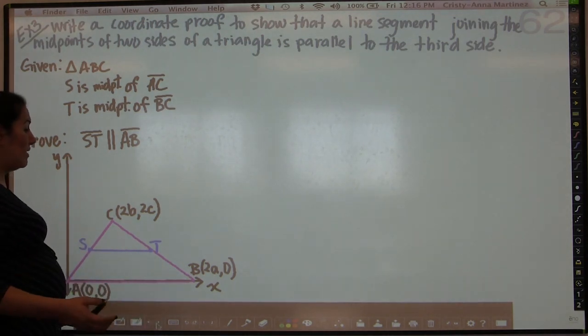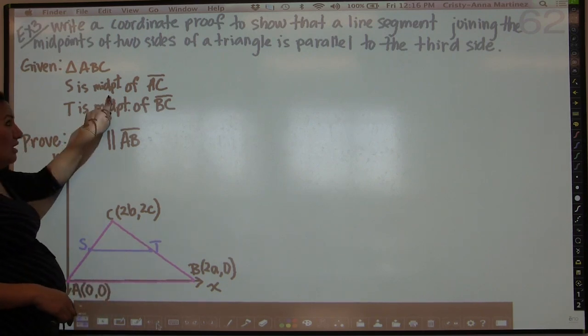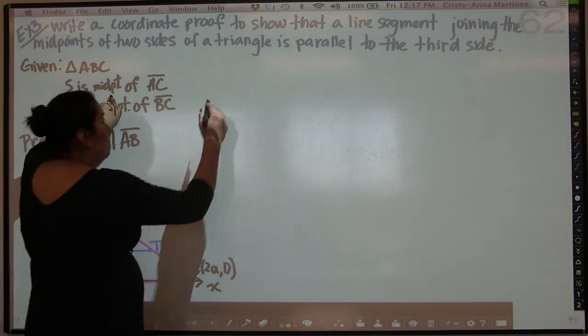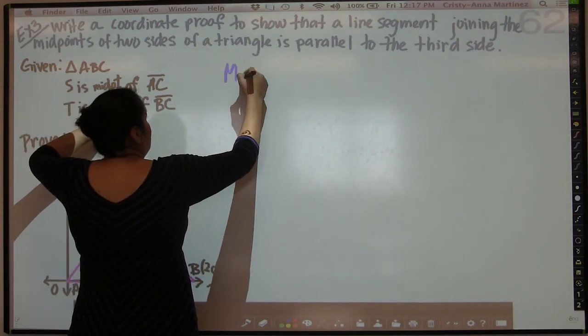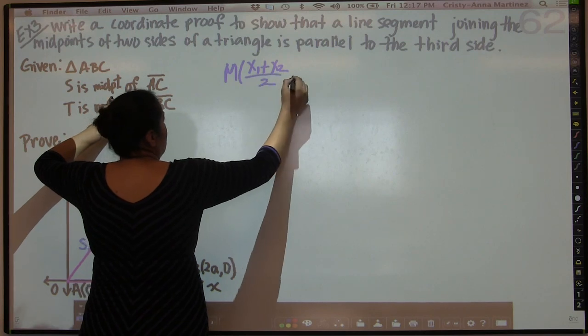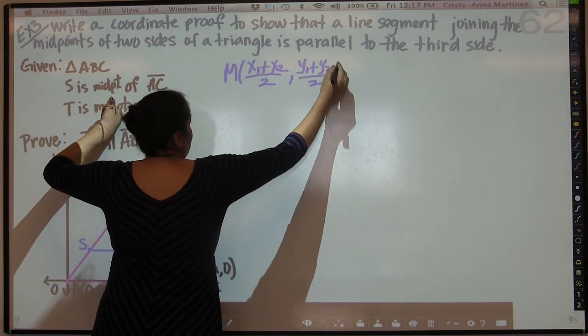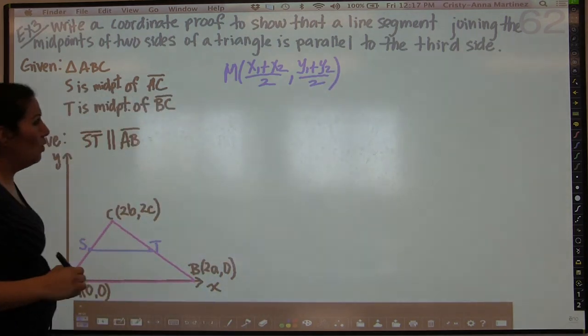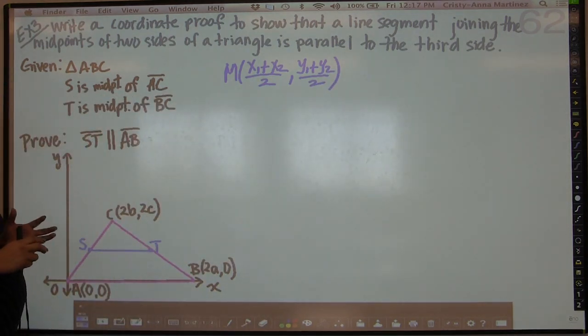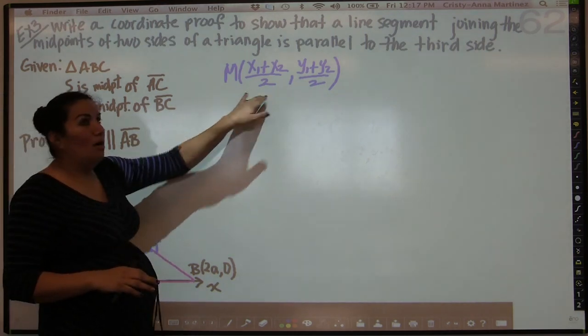Right now, because I want to avoid fractions, and the midpoint formula, if you remember, is to take the x coordinates and divide by 2, and then the y coordinates and divide by 2. I don't want to get fractions when I do that, because I'm going to divide by 2 already.